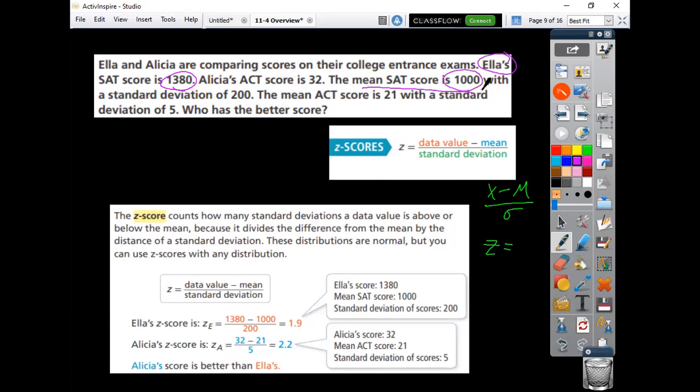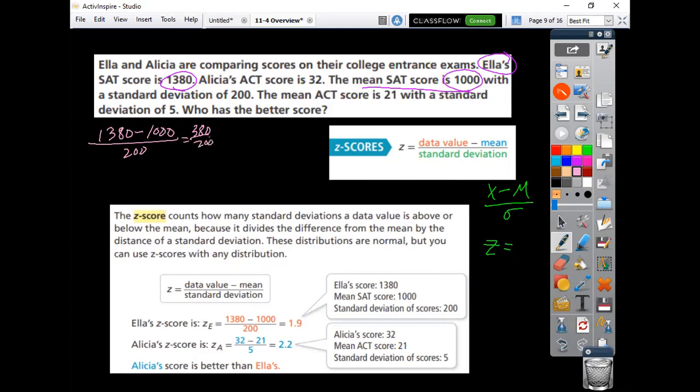So if you take Ella and you take her 1380, subtract the mean, that means she did 380 better than the mean, but the range, one standard deviation on the SAT is 200.